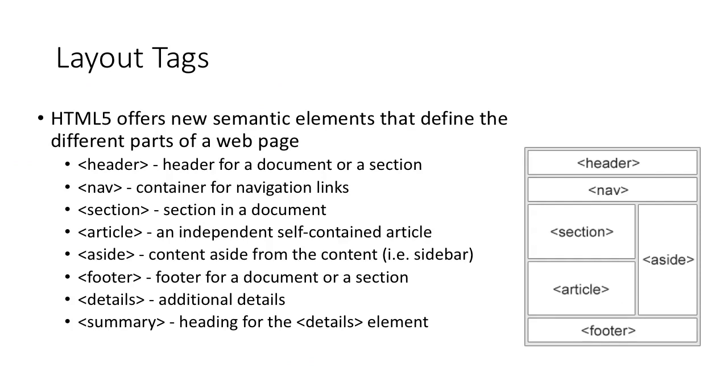I think you guys see this a lot. You usually have a header, a nav bar, sections, articles, and an aside. Sometimes a page will have a side navigation bar, and a lot of times you also see a footer. What do you usually see in the footer of a page?